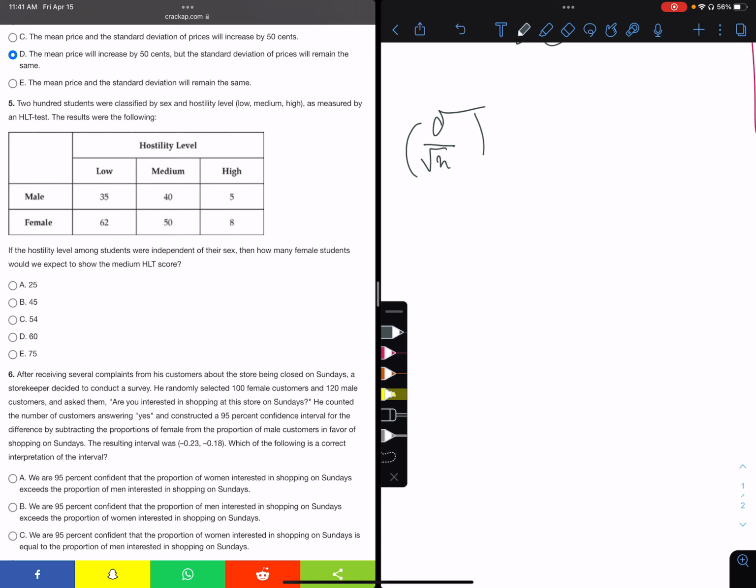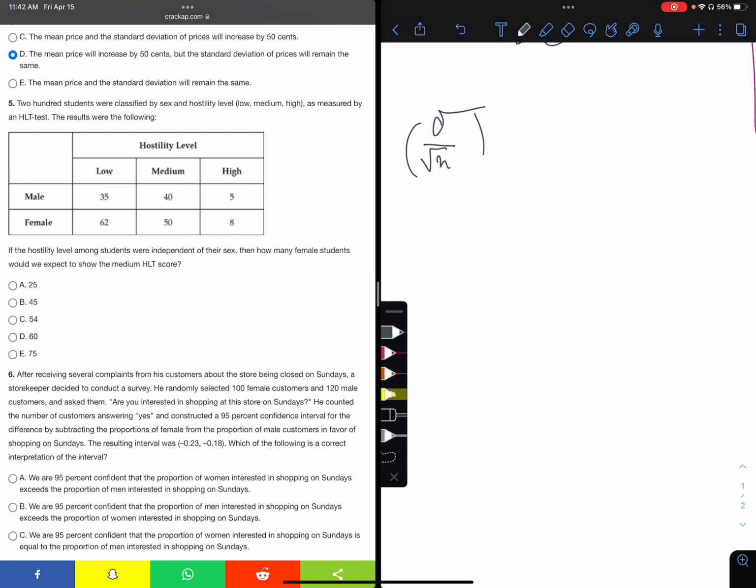So 35 plus 62 plus 40 plus 50 plus 5 plus 8 is 13, 200 students in total. There's 90 students in the medium, so 90 divided by 200. That gives us 9 over 20, which is 45%.